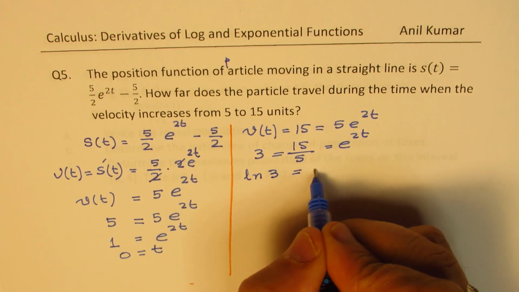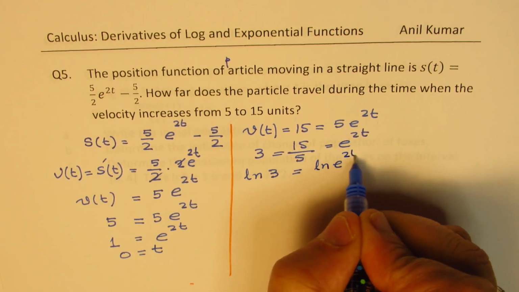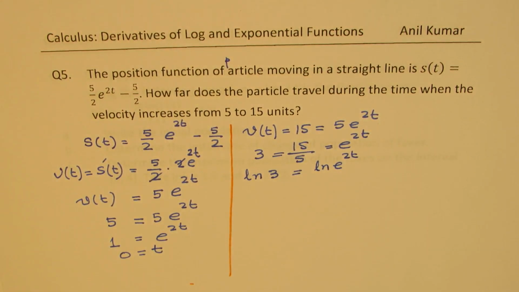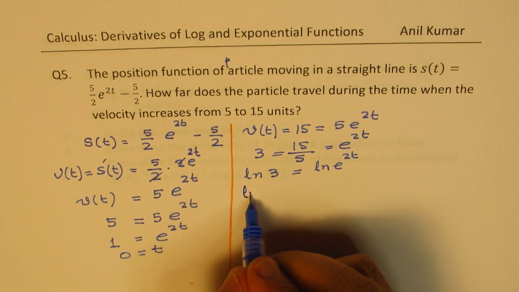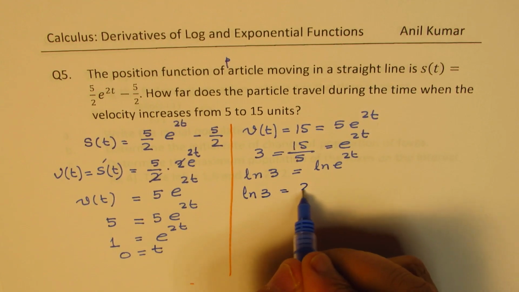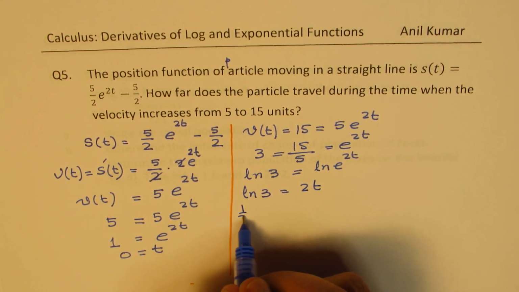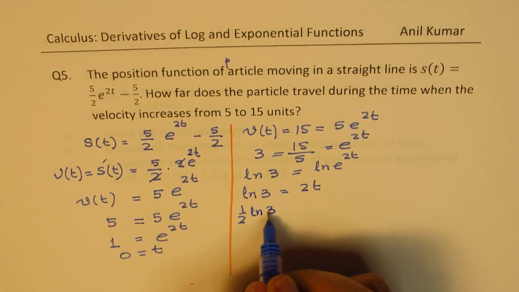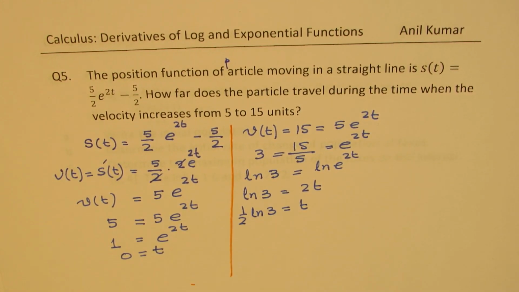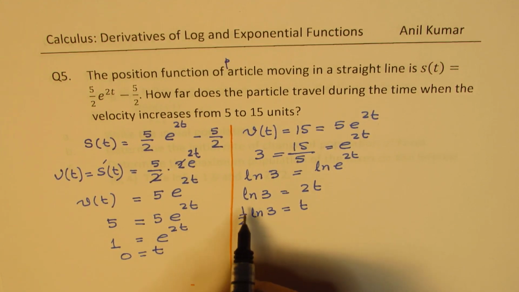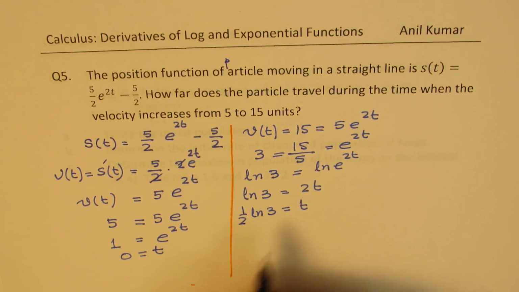So ln of e to the power of 2t will be equal to 2t, right? So we get ln 3 equals 2 times t, or half of ln 3 is equal to t. So that means the duration which we are talking about is basically from t equals 0 to t equals half of ln 3, right?